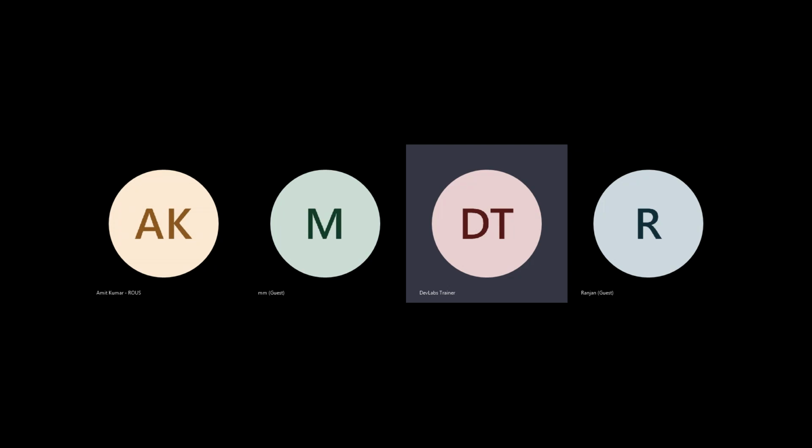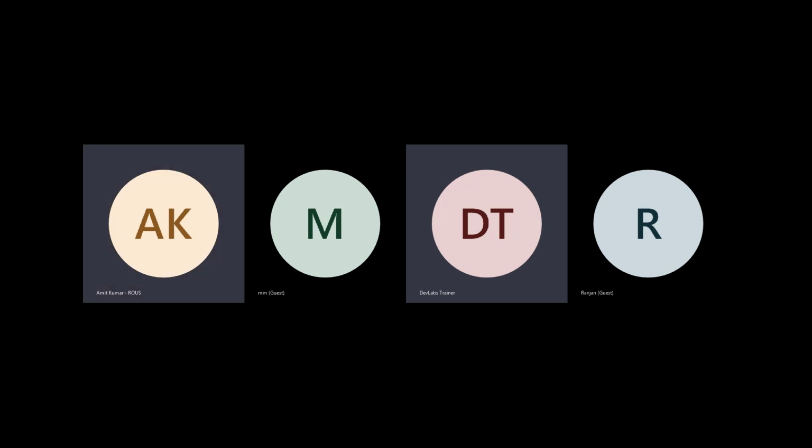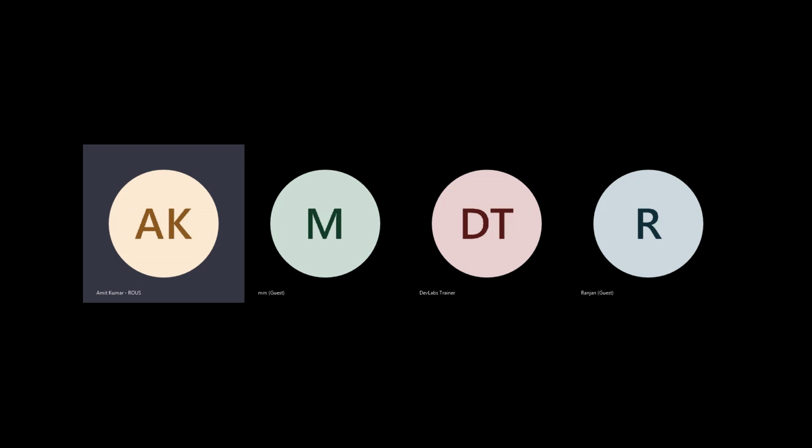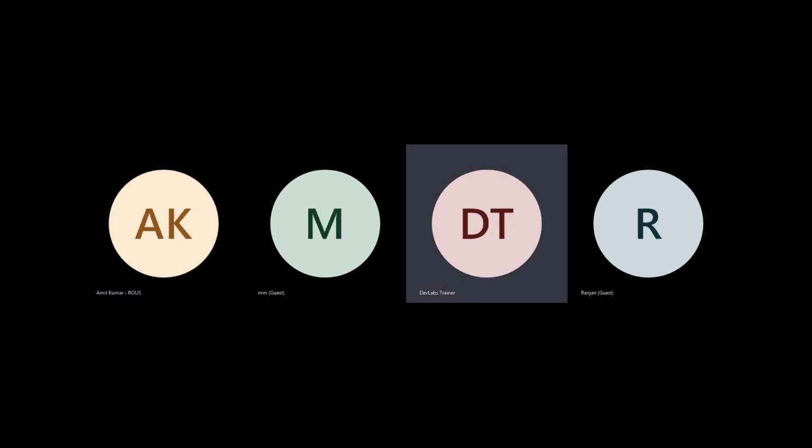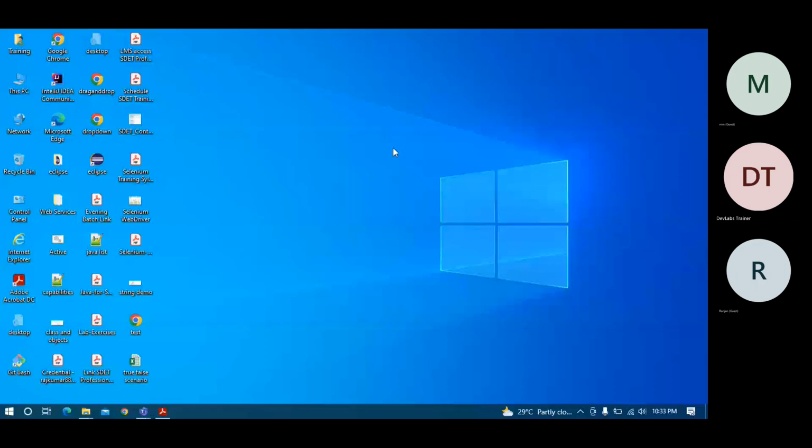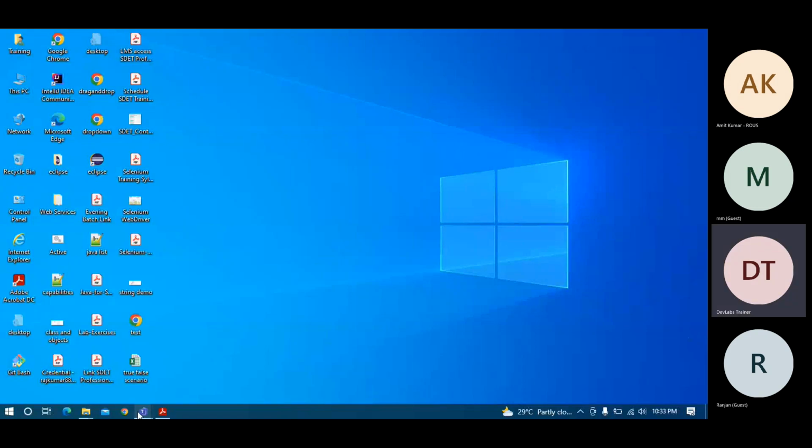So let me open the Eclipse first. This is the editor. As you know, we call it an integrated development environment, where you can... Rajiv, sorry to interrupt. Your screen is not visible. I think you're not sharing. Correct, sorry. Thanks, let me share. Now it's visible. So my screen is visible now.